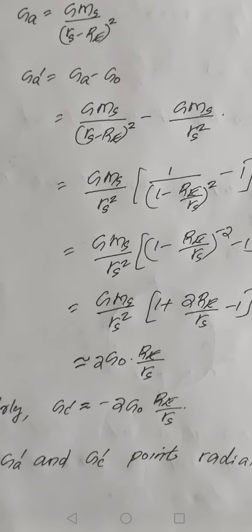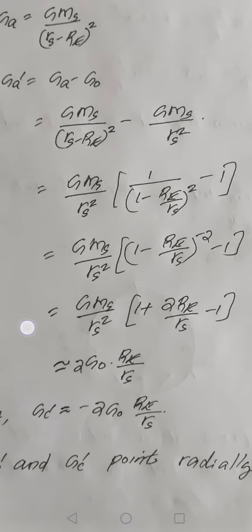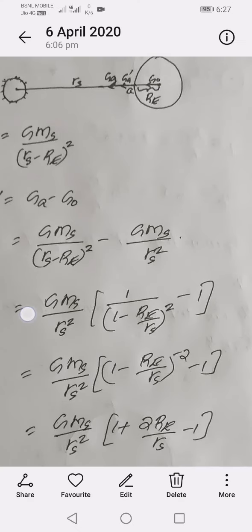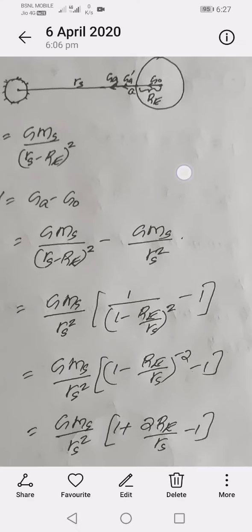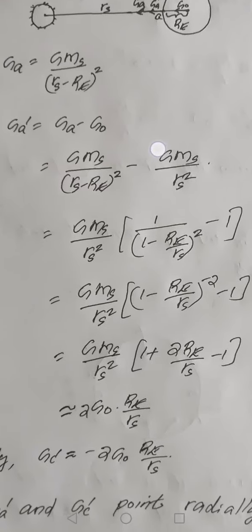Okay, in a similar way, now we got GA prime. In a similar way, you can calculate GC prime. GC prime is at this point, so that will be RS plus RE. Instead of RS minus RE, here you have RS plus RE. That is the only difference. And there also you can take the binomial approximation and simplification.